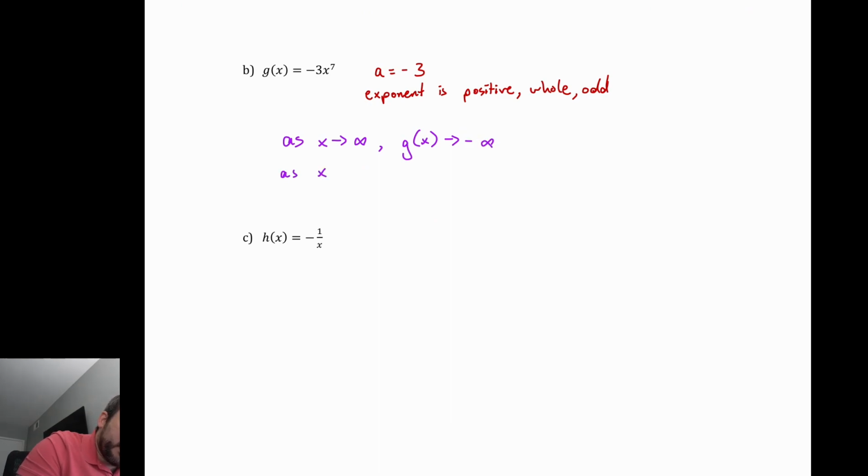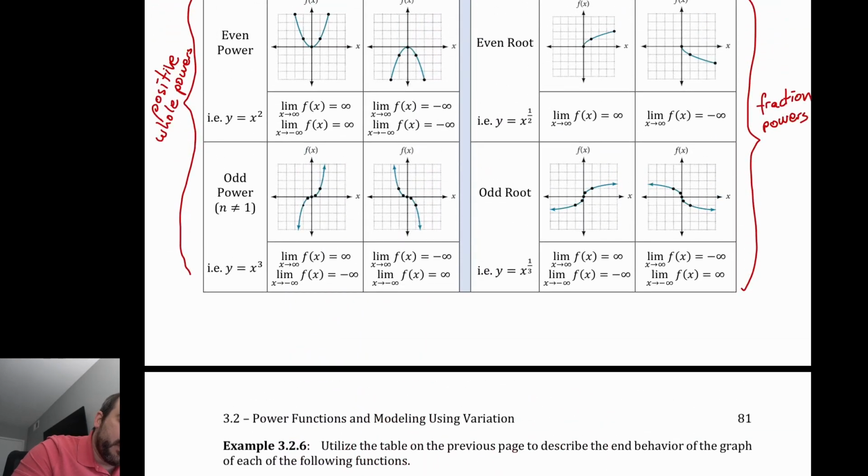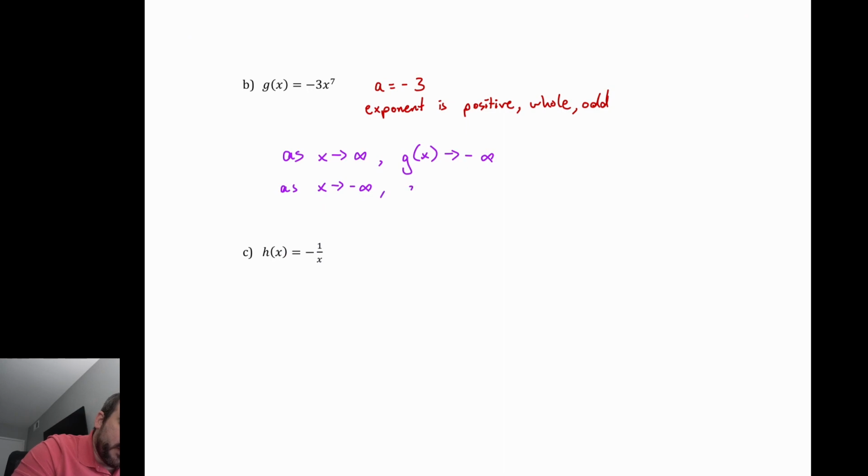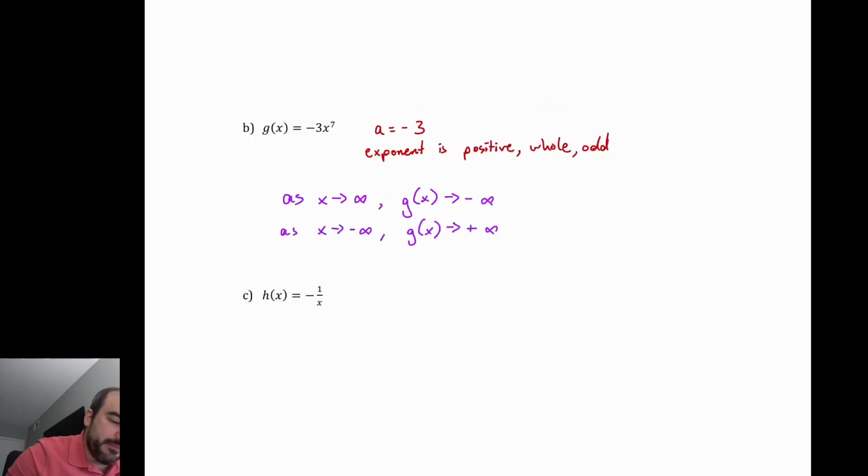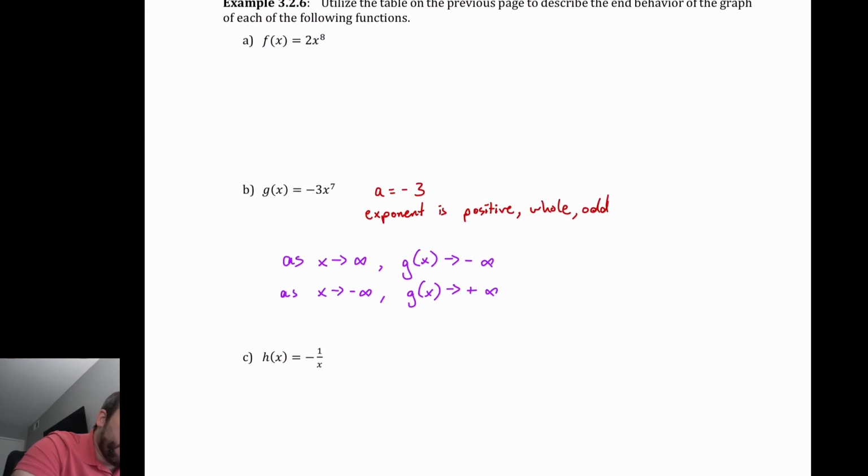And as x goes to negative infinity, which means if we go towards the left on the graph, then I can see from the graph itself and from the equation given below that g of x is going to go to positive infinity. We don't really write the positive if it's just positive infinity. We can just write infinity.